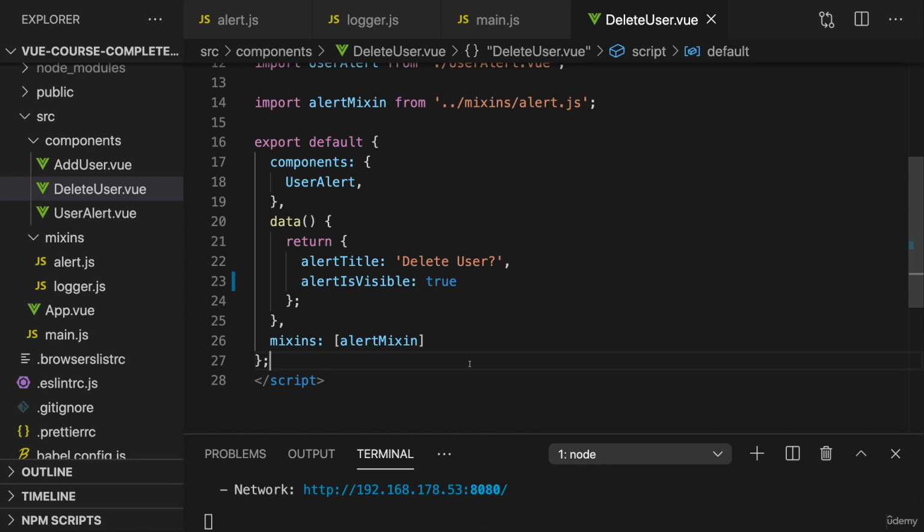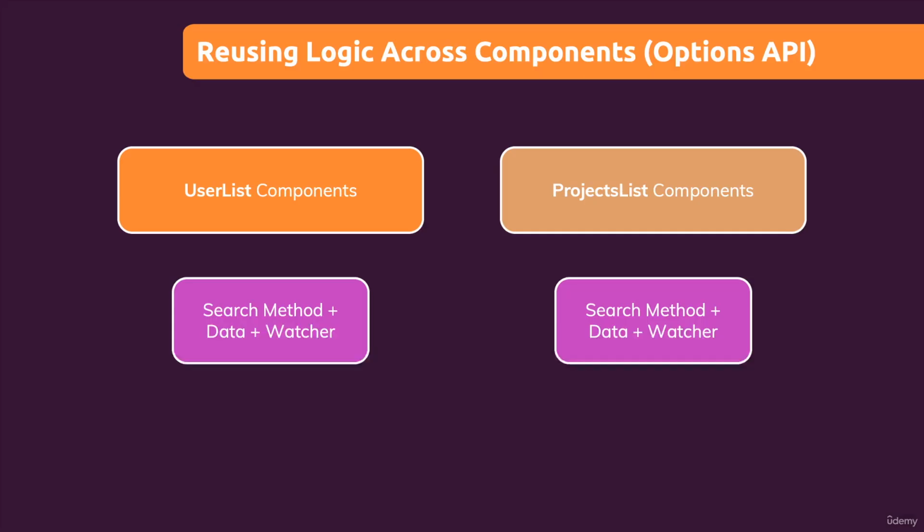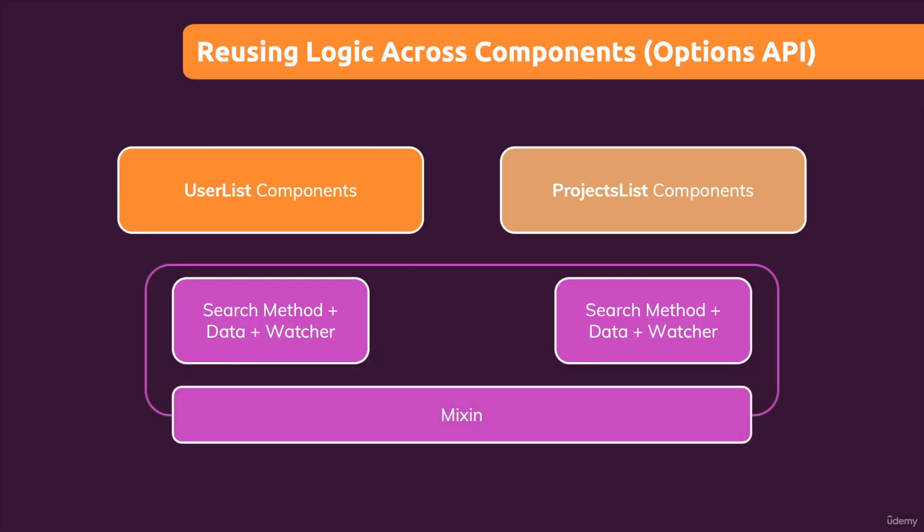And with the Composition API, we have a nicer way of reusing logic across components. Because whilst we have mixins for sharing logic in the Options API, we have custom composition functions when working with the Composition API. So let's see how that would work.